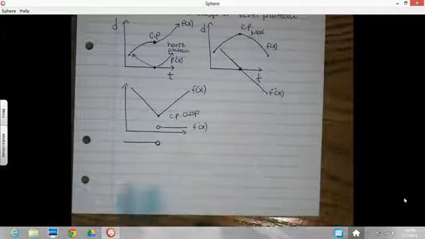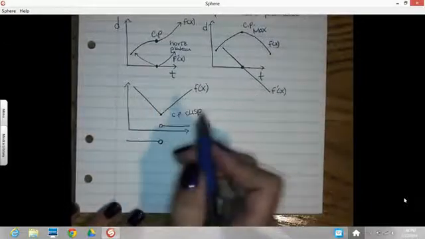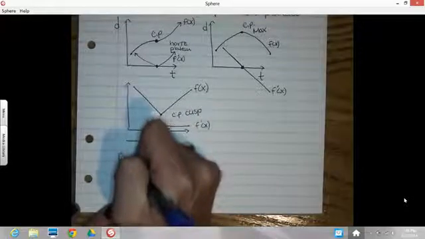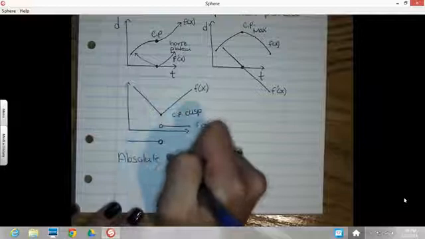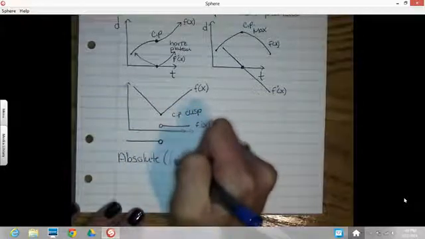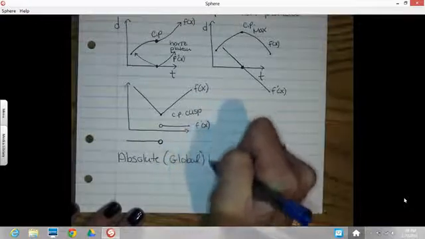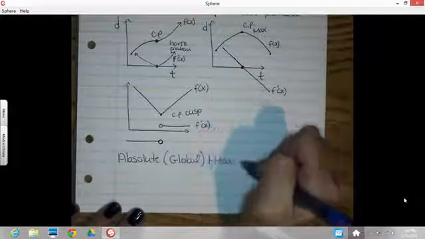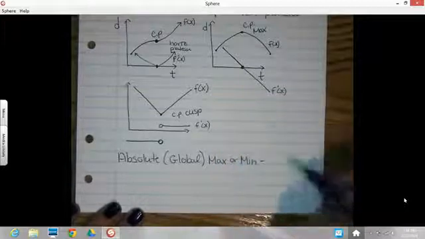We want to talk about an absolute, also known as a global max or min. This, if it was a global max, would be the highest point for the entire graph.